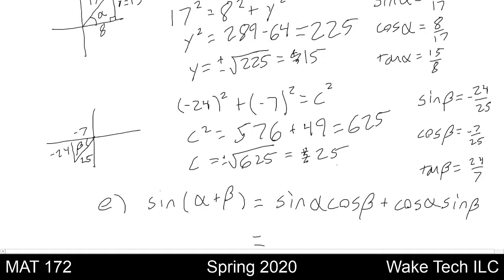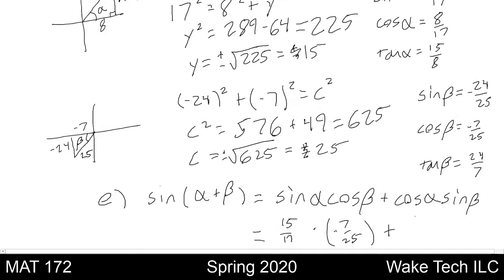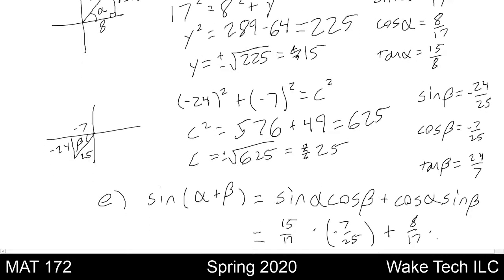Sine of alpha is 15/17. Cosine of beta is negative 7/25. The cosine of alpha here is 8/17. And finally, sine of beta is negative 24/25.